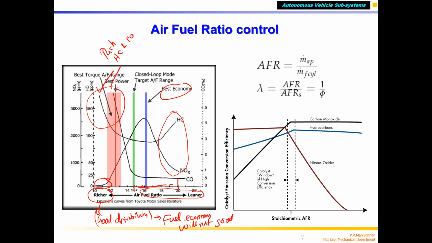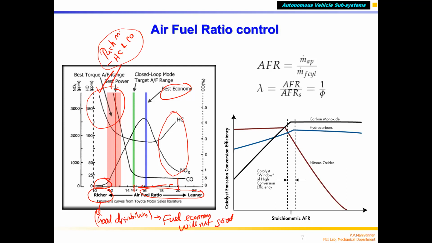Say, for example, 10:1 to 14.7:1, stoichiometric, especially around 12 to 13 air-fuel ratio, gives very good acceleration, but you have to live with higher HC and CO emission.